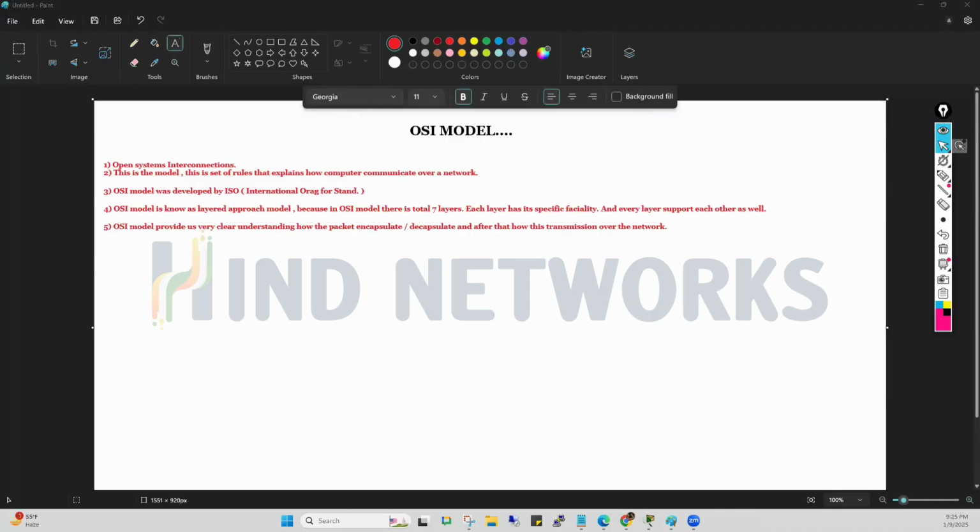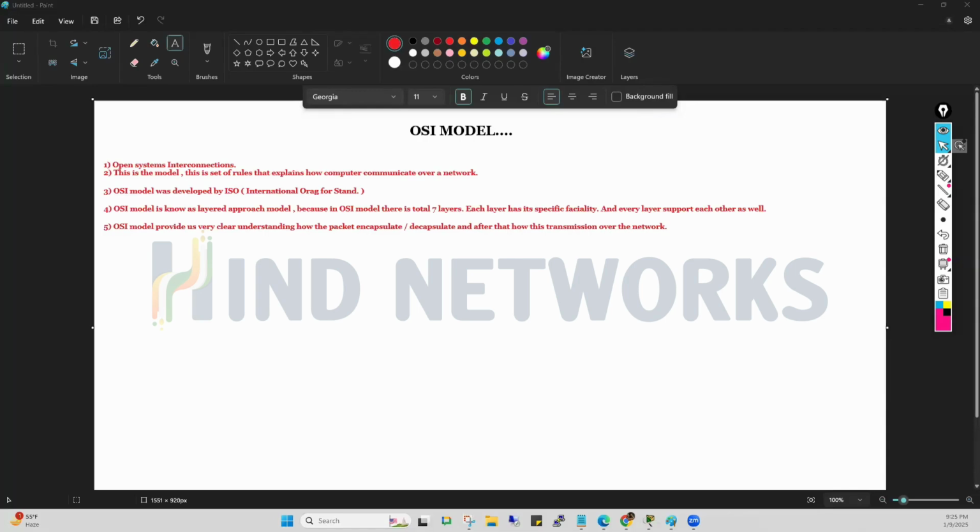So that was the history of the OSI model. Generally, according to Google, the OSI model was developed around 1970 or 1980, if I'm not wrong, and it was developed by ISO. Understand, everyone?